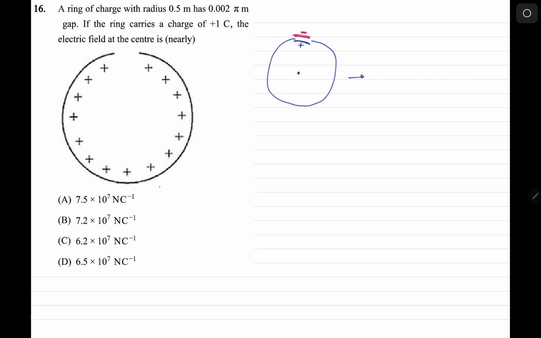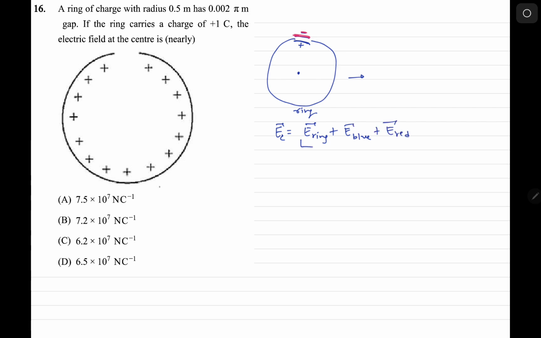I'll try to write this mathematically. There are three elements: the ring, the blue element, and the red element. So the electric field at the center is equal to the electric field due to the ring plus the electric field due to the blue element plus the electric field due to the red element.